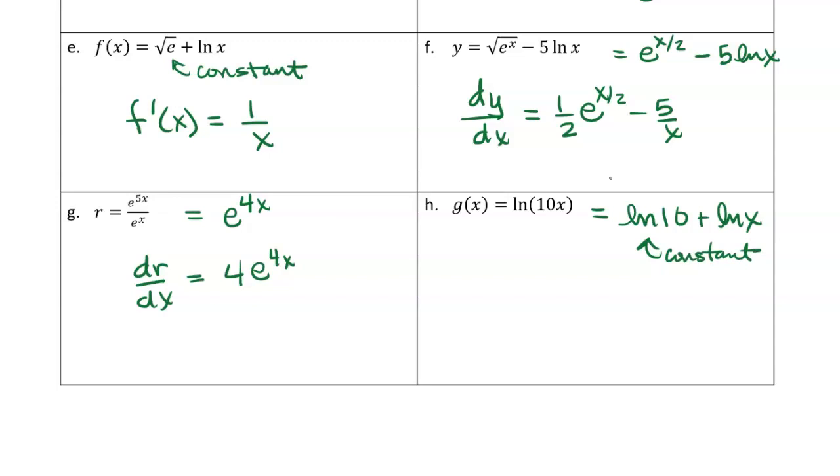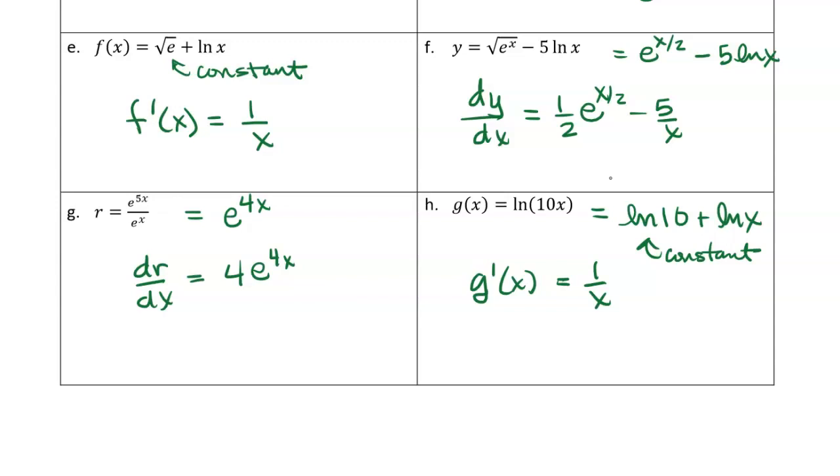So g prime of x, right? The derivative of the natural log of 10 is 0, and then the derivative of natural log of x is 1 over x. So this is just 1 over x. All right. So be careful about that. We're going to learn something called the chain rule. That's coming up, where we can take, this is really the composition of functions.